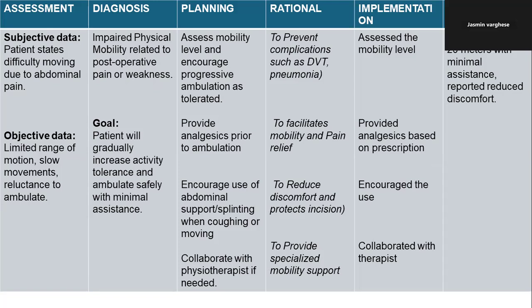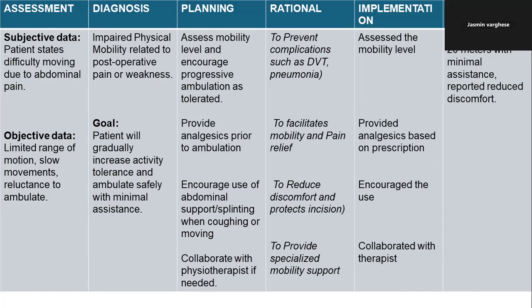In assessment column, you have to write the subjective data and objective data. When it comes to diagnosis column, impaired physical mobility related to post-operative pain or weakness. Goal, the patient will gradually increase activity tolerance and ambulate safely with minimal assistance.